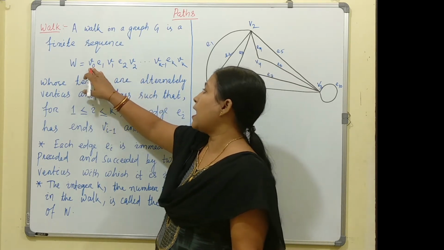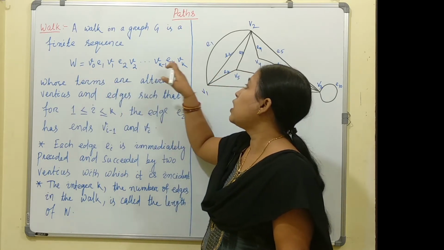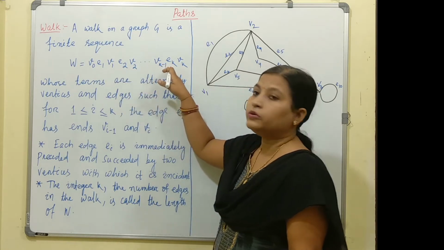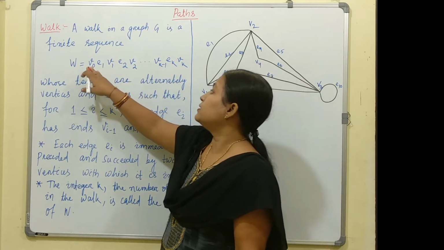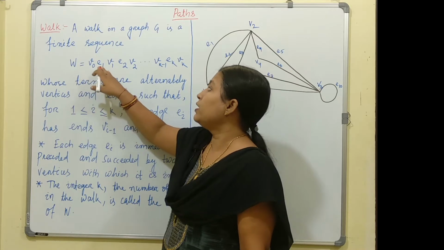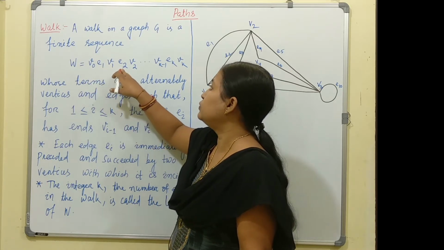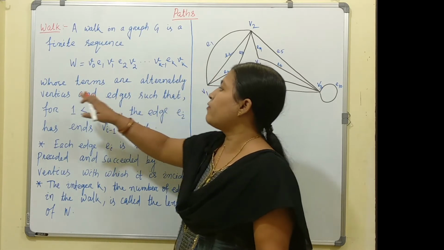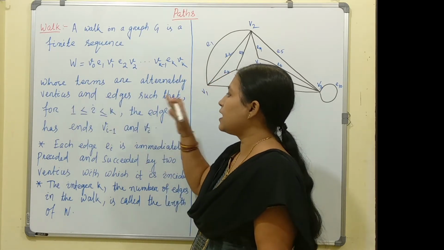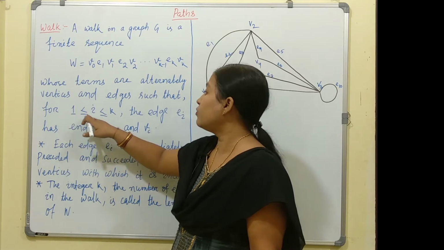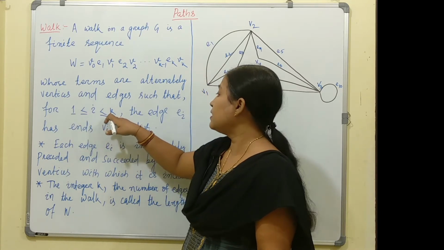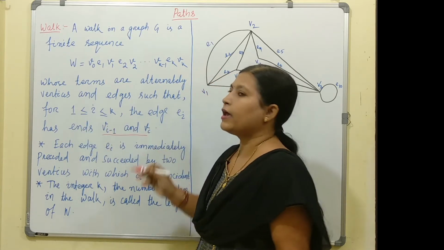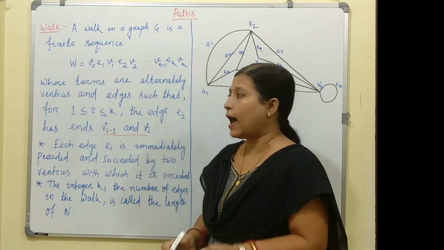The vertices are V0, V1, V2 up to Vk, and the edges are E1, E2 up to Ek. So the walk is V0, E1, V1, E2, V2 and so on, whose terms are alternately vertices and edges, such that for 1 less than or equal to i less than or equal to k, the edge Ei has ends Vi minus 1 and Vi.